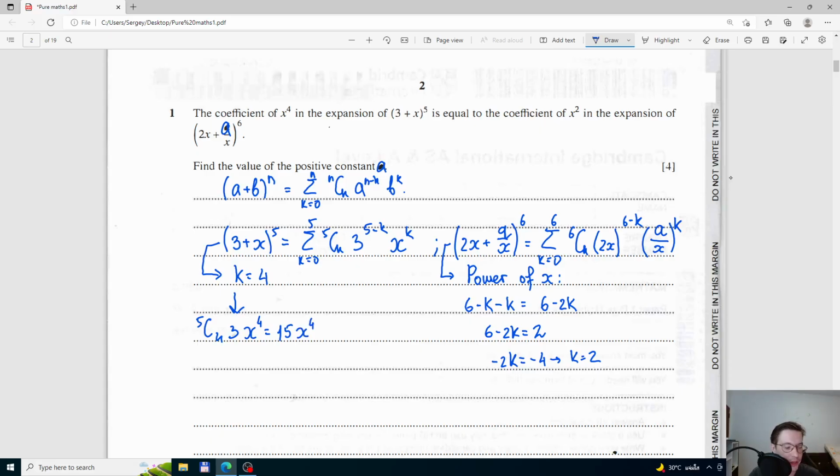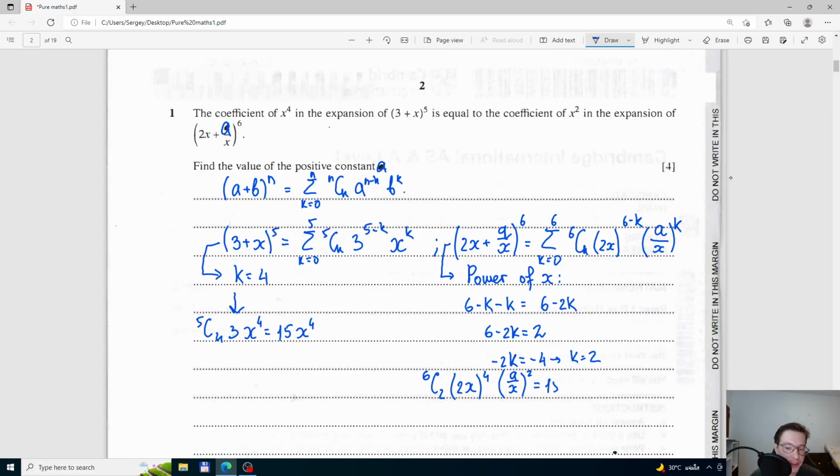Now, in the second bracket, if we let k be equal to 2, that will be 6C2, (2x)^4, then (a over x)^2. Now let's simplify that.